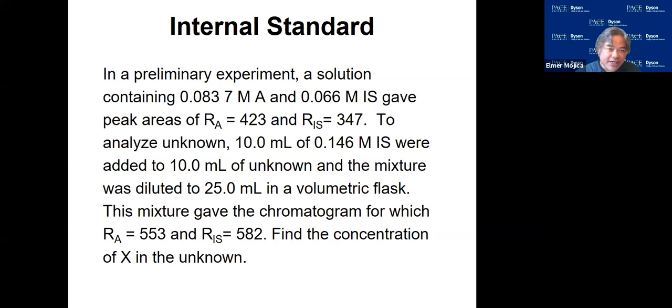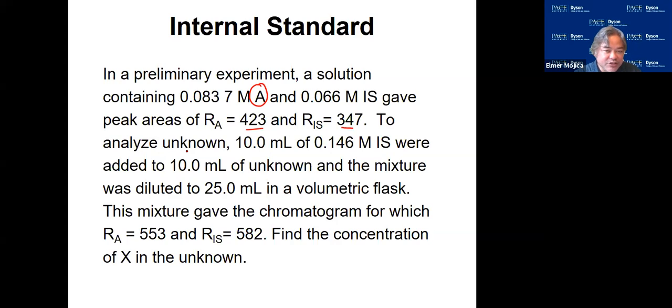So let's try to analyze a problem that has internal standards. In a preliminary experiment, a solution containing 0.837 molar of analyte and 0.667 molar of internal standard gave peak areas of 423 and 347.